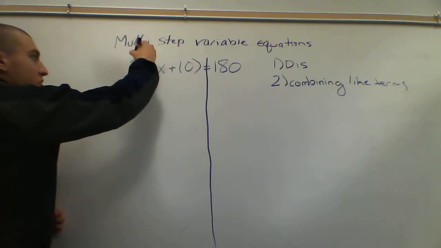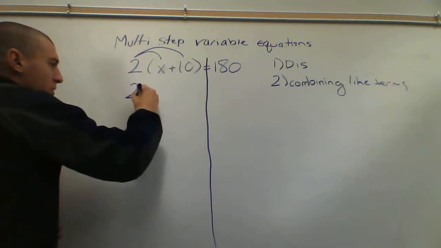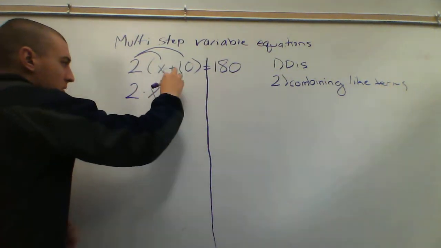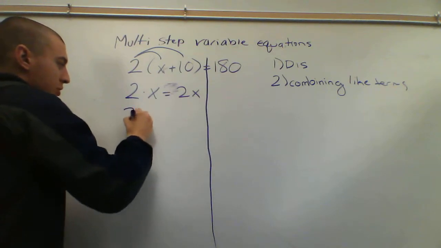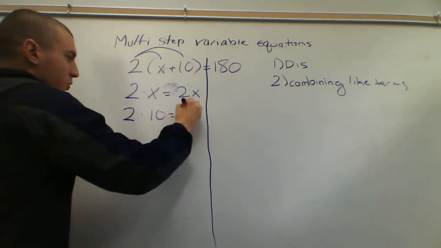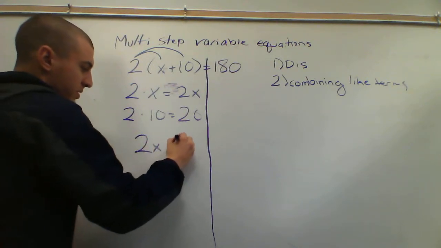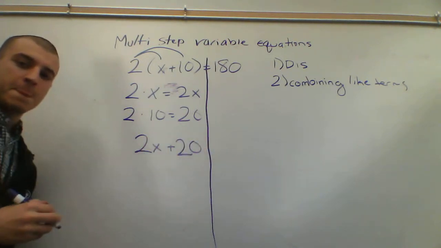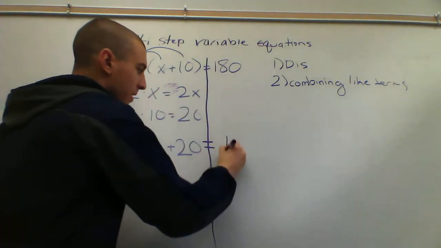So let's do it. You distribute the 2 to the x and the 2 to your 10. So 2 times x equals 2x. 2 times 10 equals 20. And your equation looks like this. 2x plus 20. Okay, bring down our equal sign and bring down our 180.